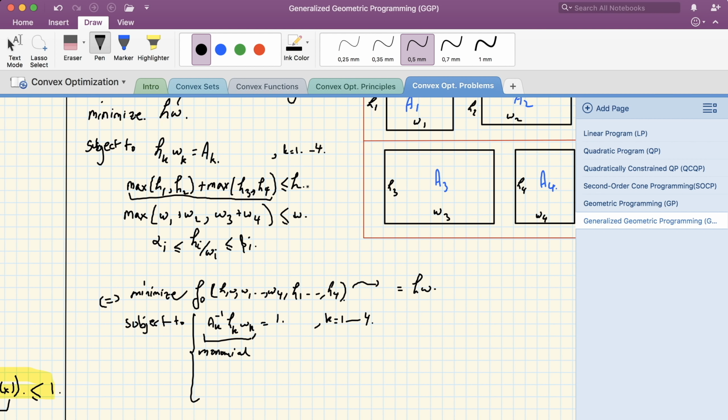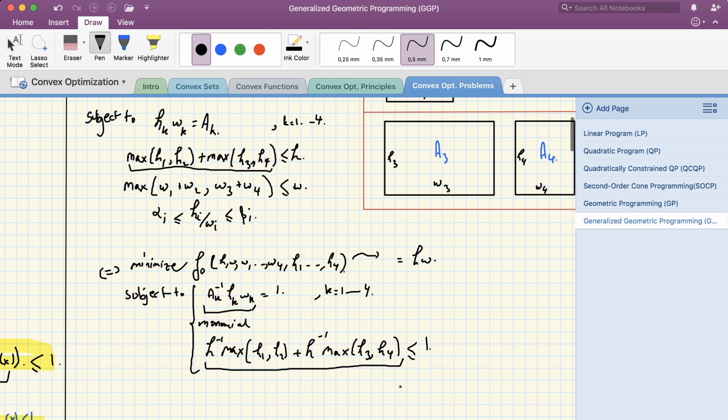To get a 1 on the right-hand side, we divide by H. So we get H minus 1 max of H1, H2. Be careful, H is a variable, not a constant. So same, H minus 1 max of H3, H4 is less than 1. Now, all this is a generalized polynomial.